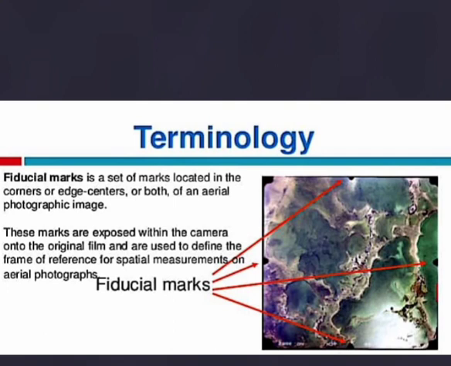These are the marks on the original films and are used to define the frame of reference for spatial measurement on aerial photographs. Fiducial marks are a set of marks located in the corners or edges or in the center or both on the aerial photographic images. Here I have shown a few of the fiducial marks, even in the corners also.